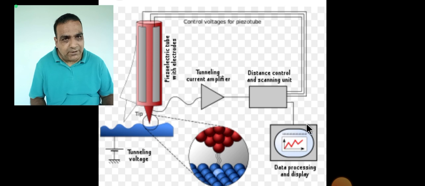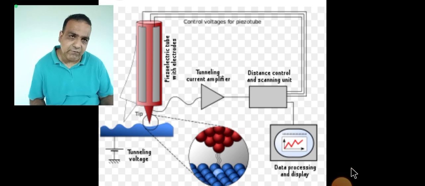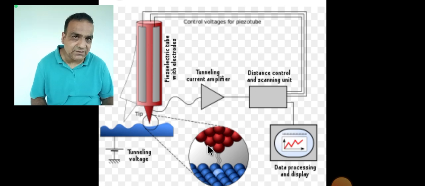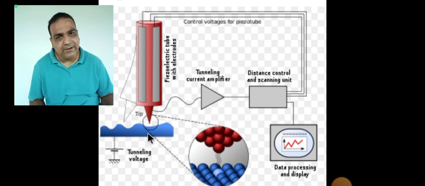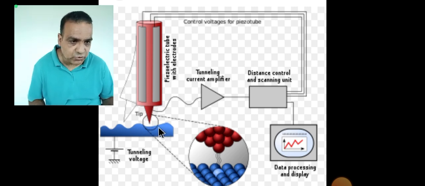There are a couple of things that are important to keep in mind. The very first important point is that this whole system should remain in vacuum, because if air molecules are present in the system, scattering can occur, and that scattering may damage the samples that we are supposed to investigate using the scanning tunneling electron microscope.